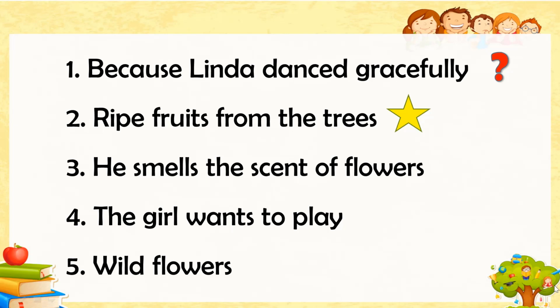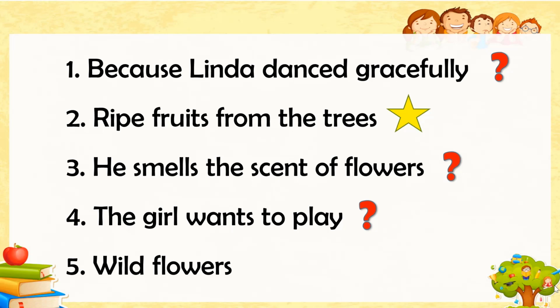What's the answer for the third one? Yes, we draw a question mark. It is not a phrase. As we can see, there is a subject, he, and the verb, smells. For the fourth one, you're right, we should draw again a question mark. Why?